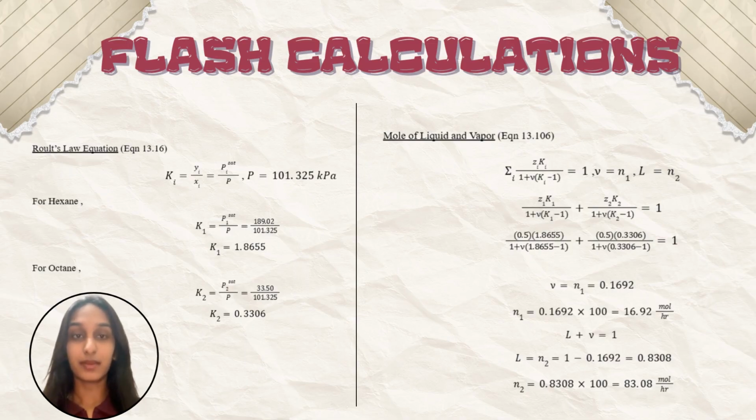The calculated vapor fraction is 0.1692, corresponding to 16.92 mol per hour, while the liquid fraction is 0.8308, corresponding to 83.08 mol per hour. This confirms that only part of the feed is vaporized, allowing vapor-liquid equilibrium to be established inside the flash separator.